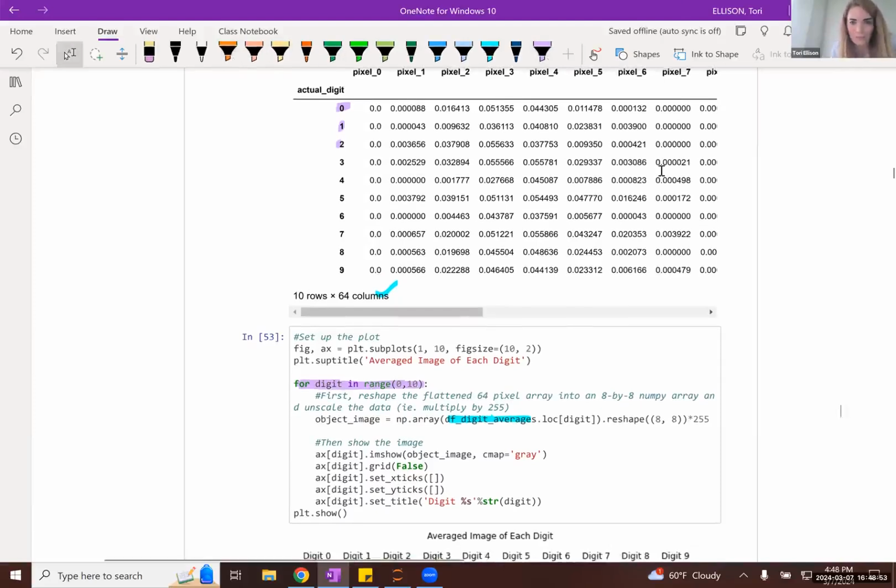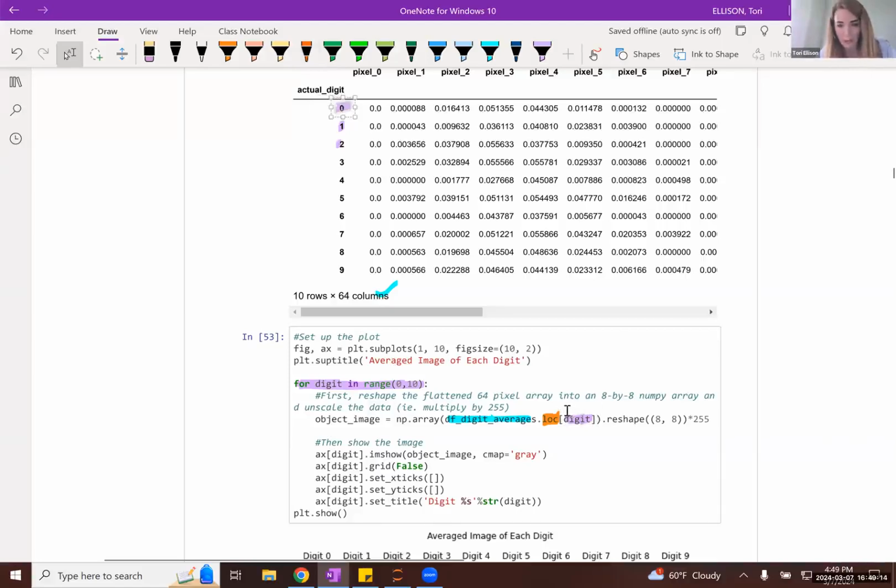And then rather than using the iloc function, I'm going to use the loc function, which works in a slightly different way in some scenarios. The loc function looks up the corresponding index value in the given data frame that we're referencing.